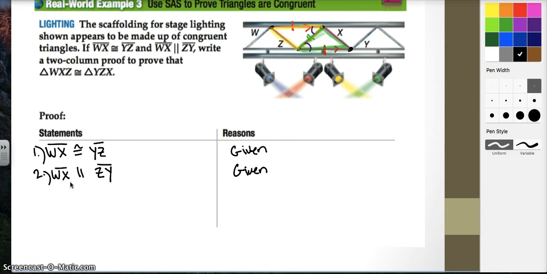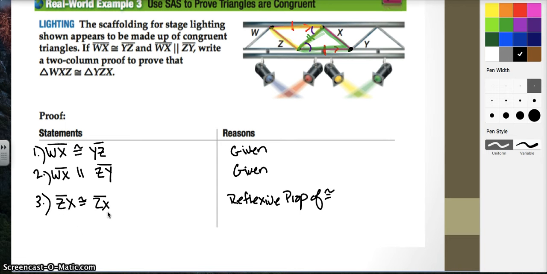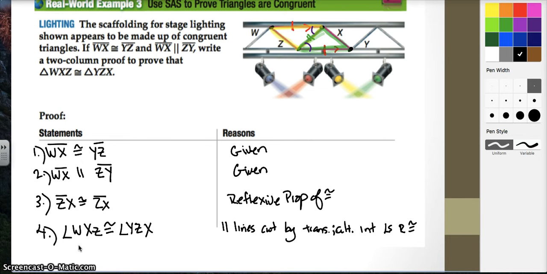Now my first two statements are just my given information. I'm going to throw in this third one where we say ZX is congruent to itself by the reflexive property of congruence. Then I have number 4, which tells me that angle WXZ is congruent with angle XZY, or YZX, and that's because parallel lines cut by a transversal means that the alternate interior angles created are congruent.